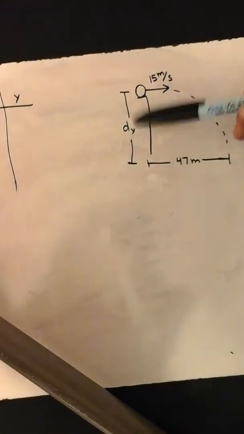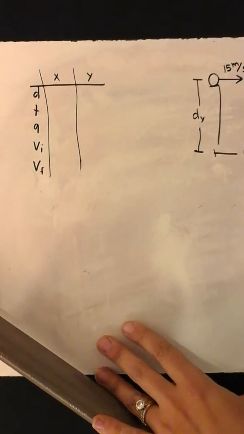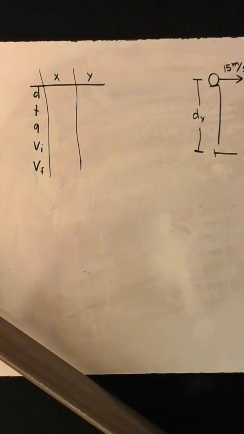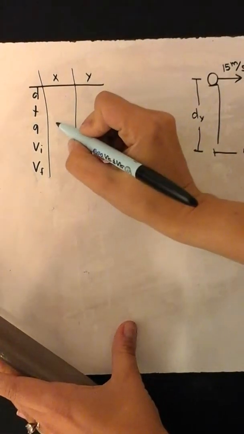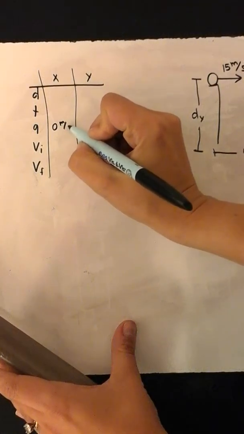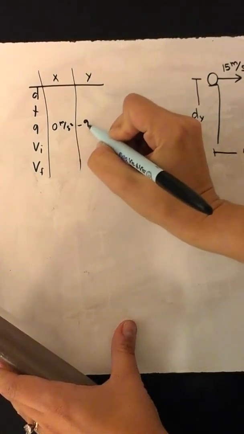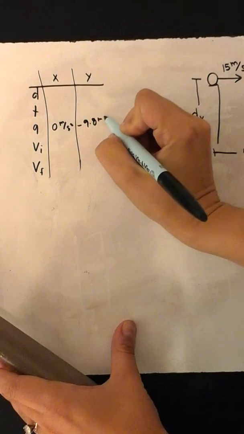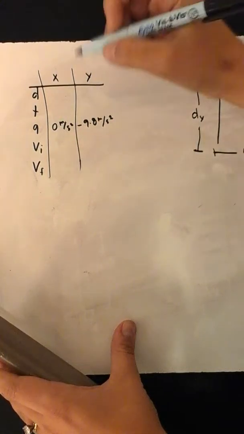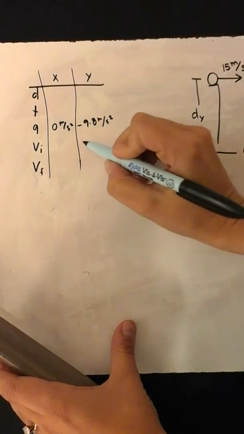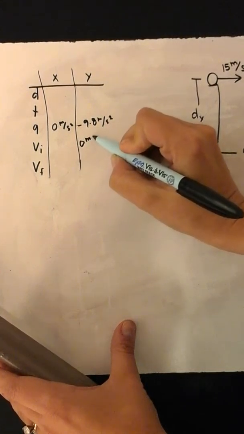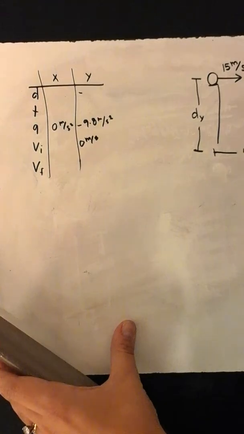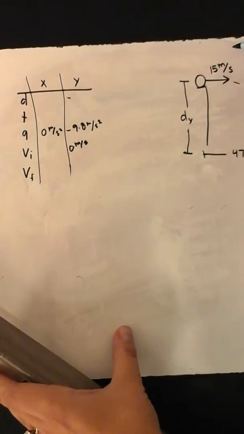Let's take this diagram and turn it into a chart. Starting off, I'm going to add in the things that are always true once again. For a horizontal, these are also always true. Now I'm going to add in what we know.